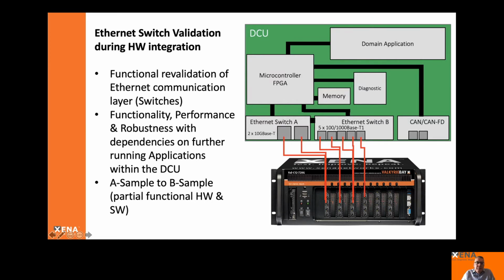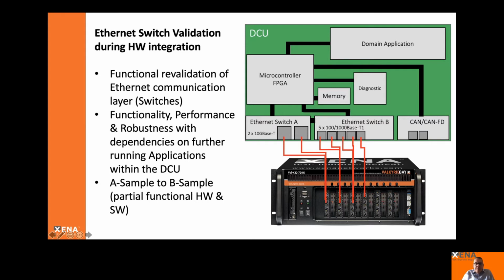Important is that within the integration validation, what we want to make sure, or what we want to prove, is still the Ethernet communication. I often hear, if I have tested the Ethernet switch already in the initial step, why should I test the switch again when I integrate it into my ECU or DCU?